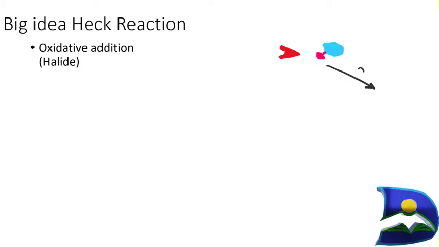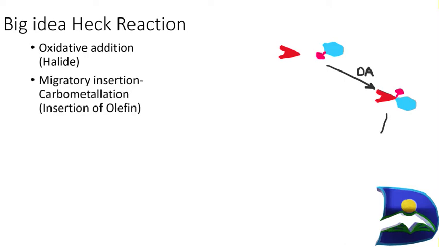And then once the oxidative addition happens, we introduce the other component, which involves a specific form of carbometallation, where we insert our olefin, and this olefin usually has an alkyl electron-donating region, where we have a little bit of a pi interaction between that and the metal.